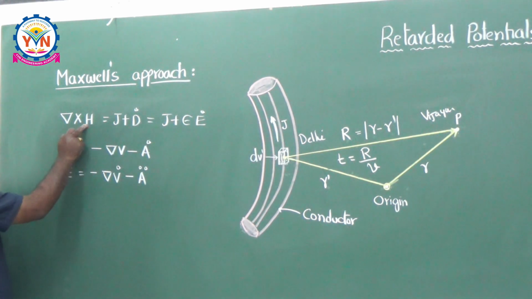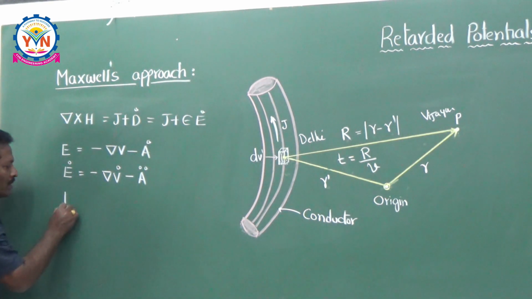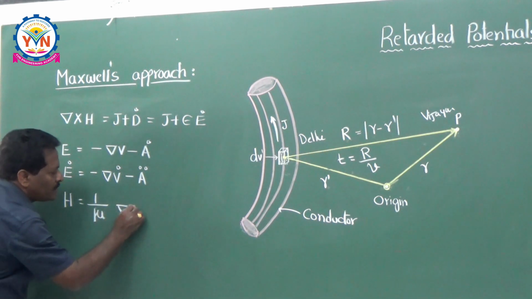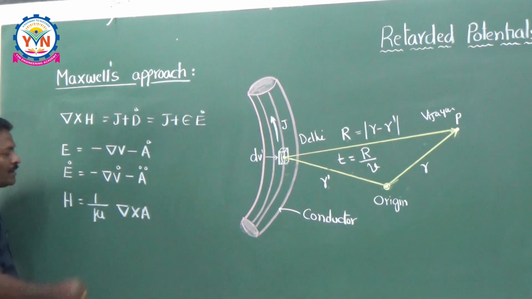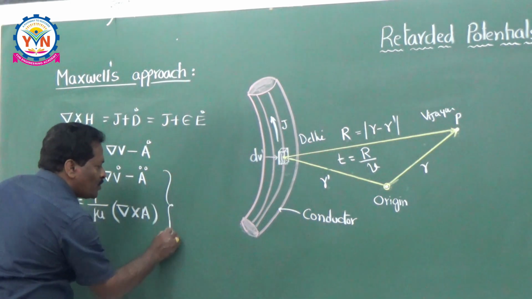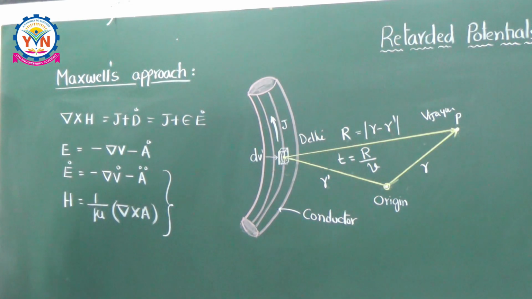Now, what about the magnetic field intensity? Already you know, H is equal to 1 by mu of del cross A. This is the definition of the magnetic vector potential. If you substitute these two equations in the above equation, you get the differential equation.